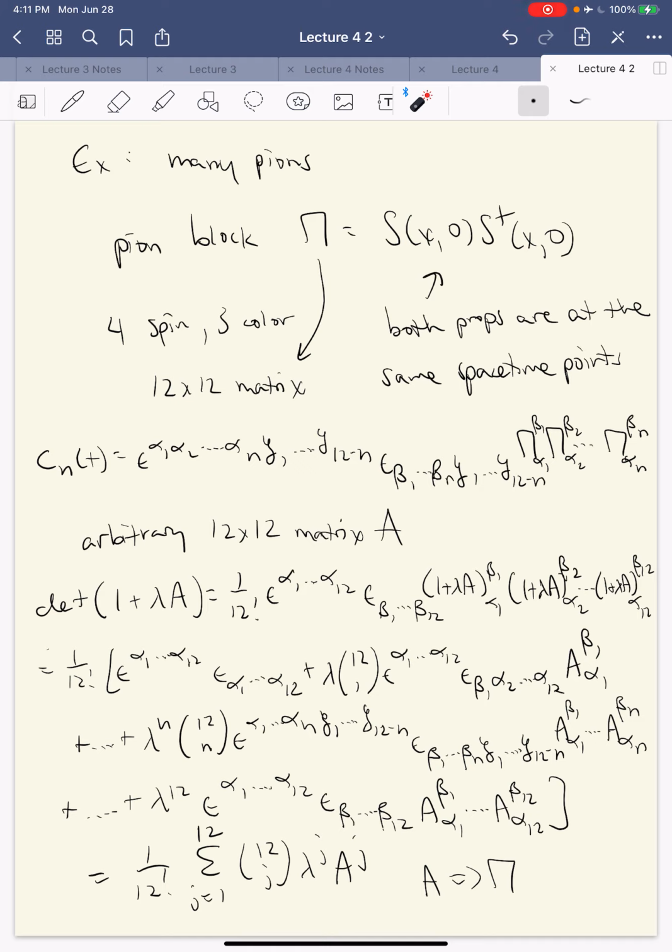And so in order to get the nth correlation function, or in other words, the correlation function corresponding to n pions, I need to pick off the term with lambda to the nth power. So I can associate C sub n as proportional to the derivative with respect to lambda to the nth power of the determinant of 1 plus lambda times pi, evaluated at lambda equals 0.